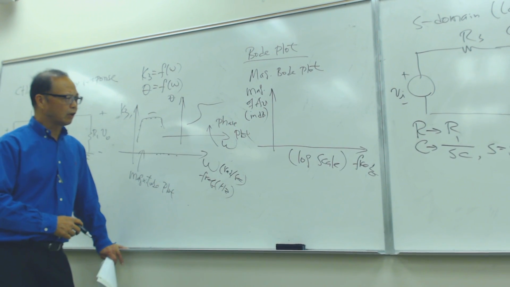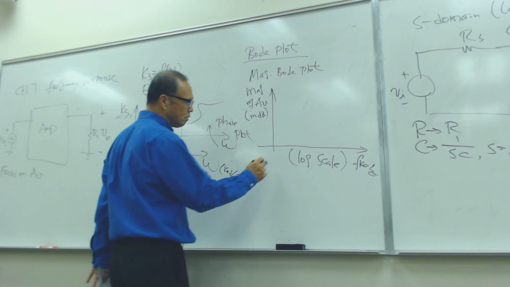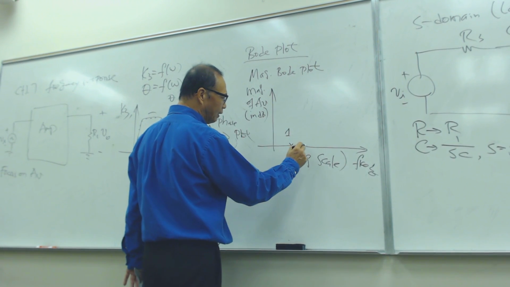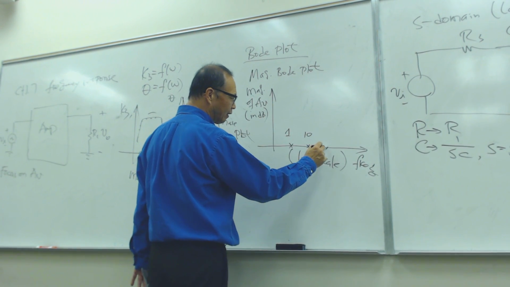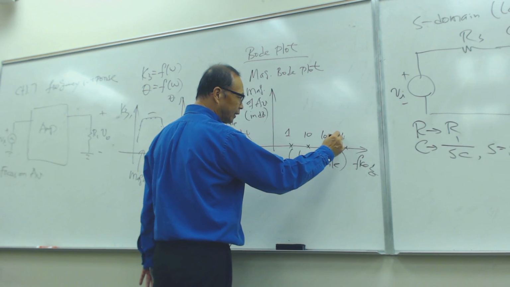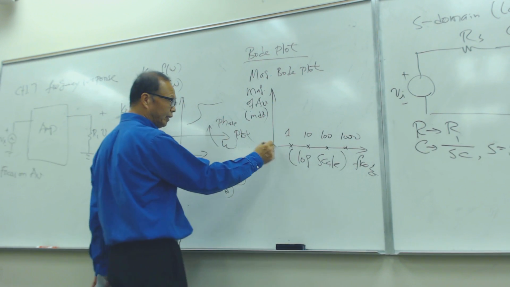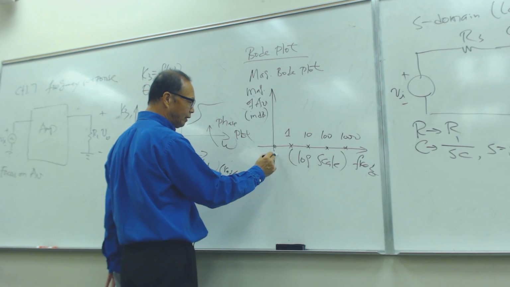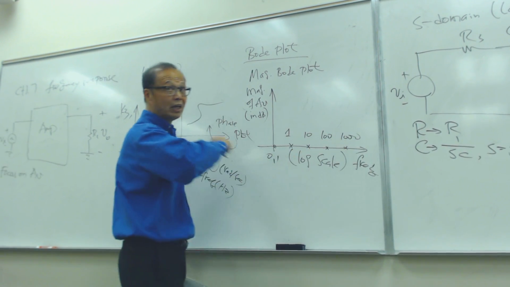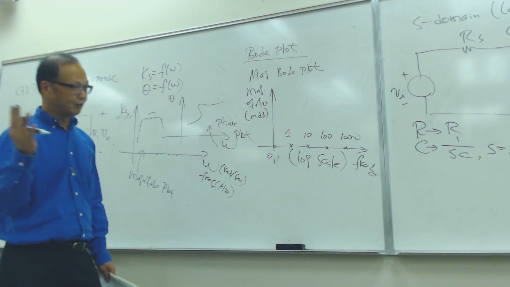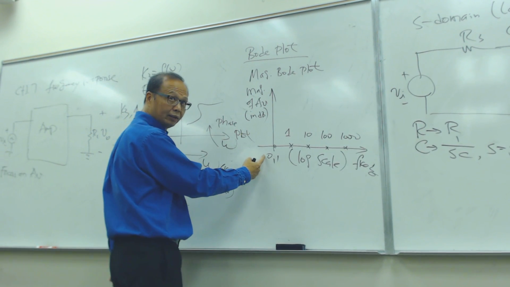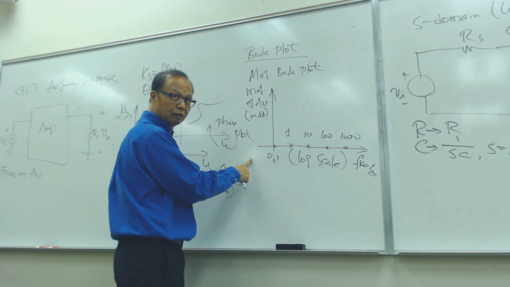You know what is a log scale, right? Let's say this is 1. This will be what? 10, 100, 1,000. And the next one is what? 0.1. On the log scale, you never have 0, because the next one will be 0.01. You will never have 0.